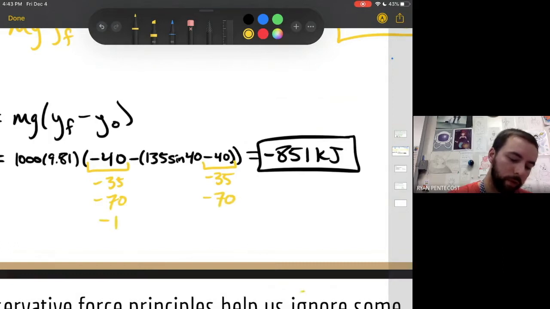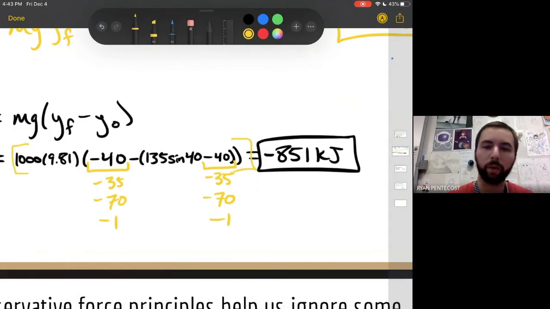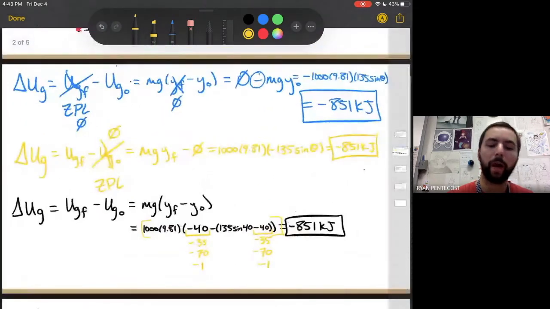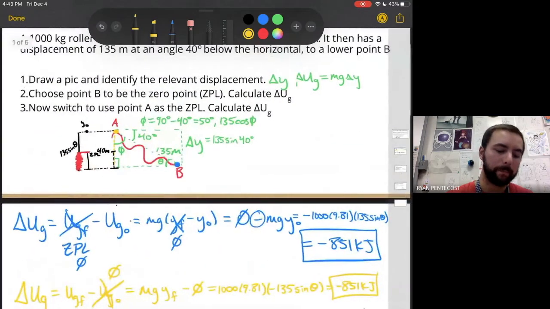I did negative 1, got the same answer. If you plug this into your calculator and just change those negative 40s, all you're doing is moving the ZPL around and you get the same answer anyway. It doesn't actually matter. The only thing it's going to change is the math you have to do to get your answer. So that will lead us into a more important discussion on the next slide.